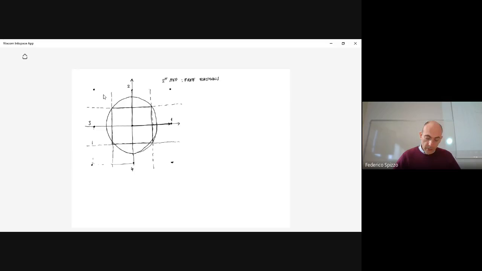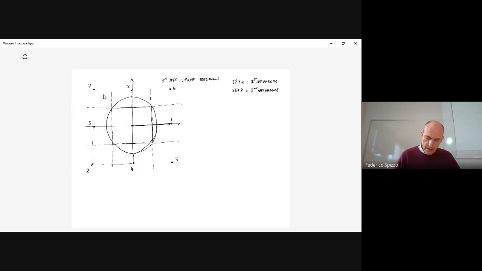Then what I may do is to consider the second neighbors to find the second zone. And the second neighbors, so 1, 2, 3, 4, are the first. And then five, six, seven, eight are the second neighbors.